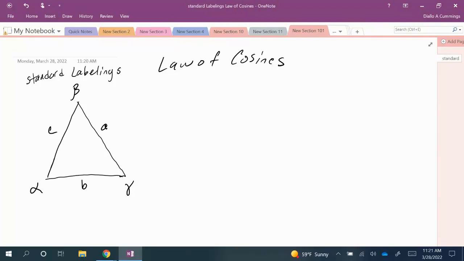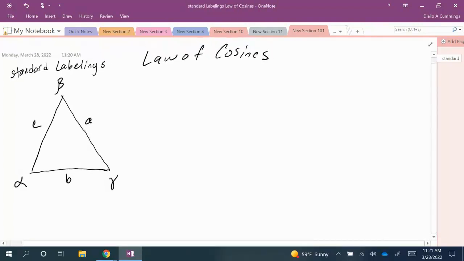Now here are the actual formulas. The first formula is A squared equals B squared plus C squared minus 2BC times the cosine of alpha.